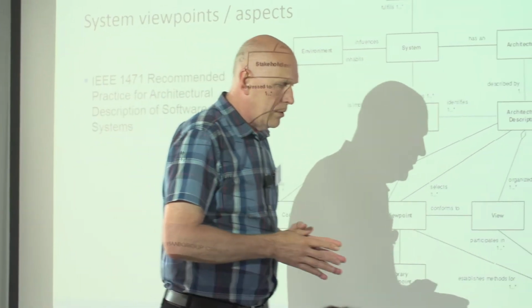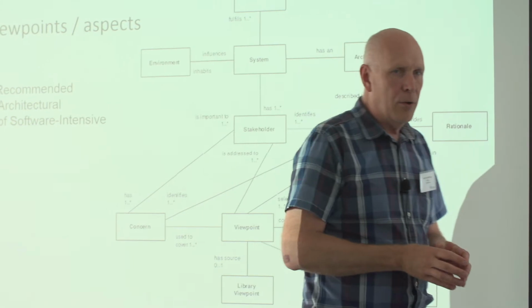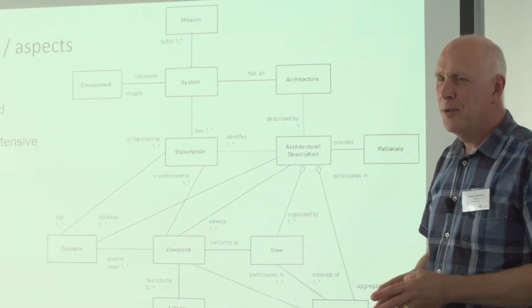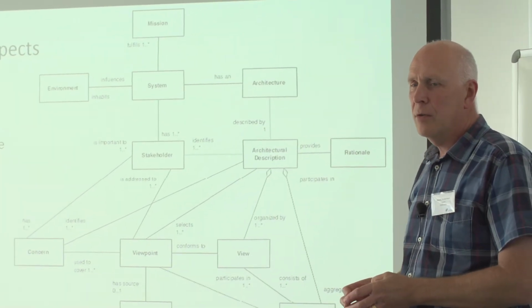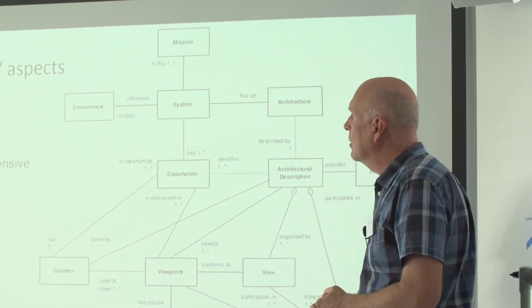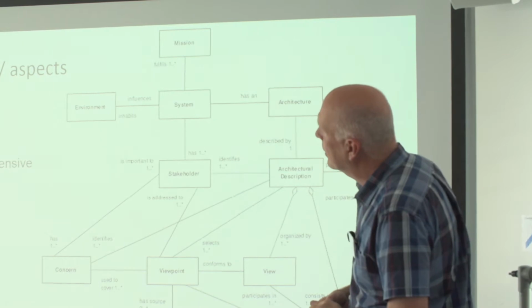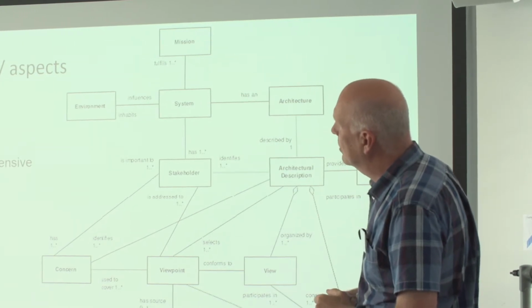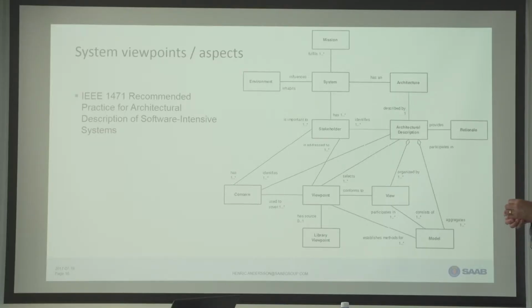So, talking about the functionality that we want and the aspects that we really don't want, we need to keep track of that. So we use a standard called Recommended Practice for Architectural Description of Software-Intensive Systems. Anybody heard of this?